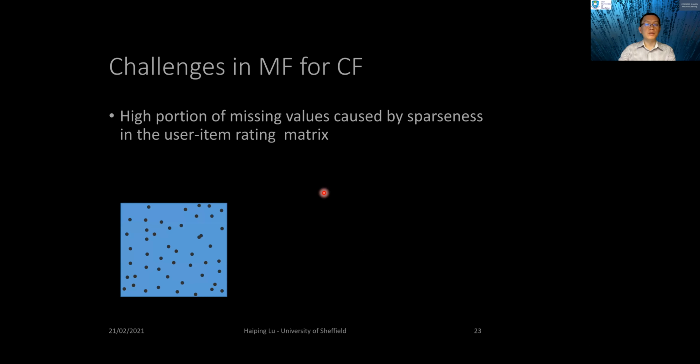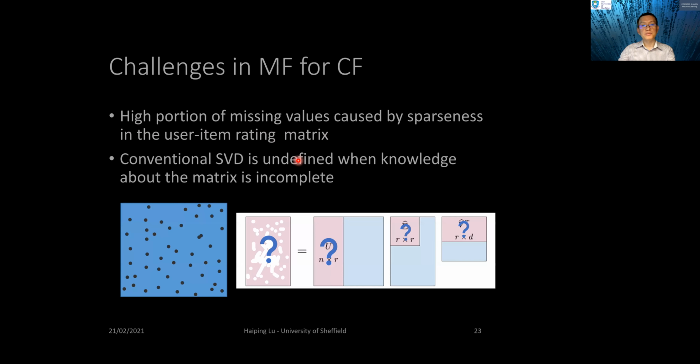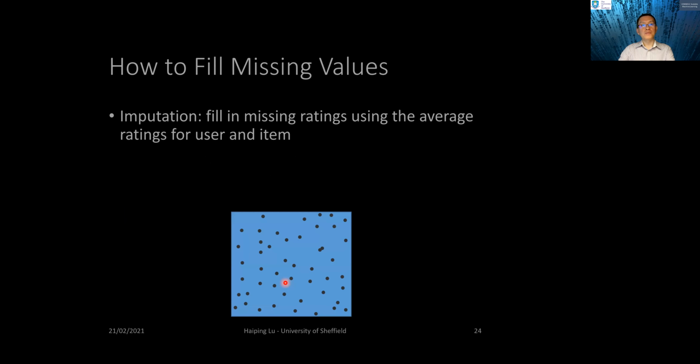This high portion of missing values is caused by the sparseness of the rating matrix. In this case, the conventional SVD is undefined because the knowledge of the matrix is incomplete, so we cannot perform SVD in the conventional way.